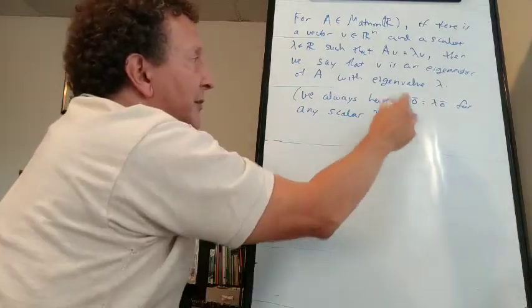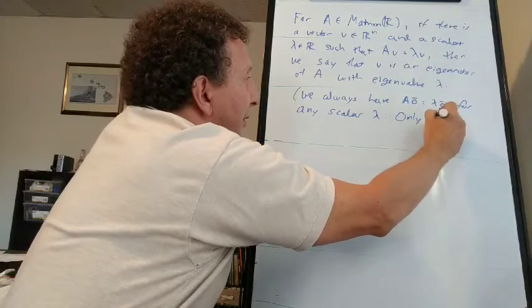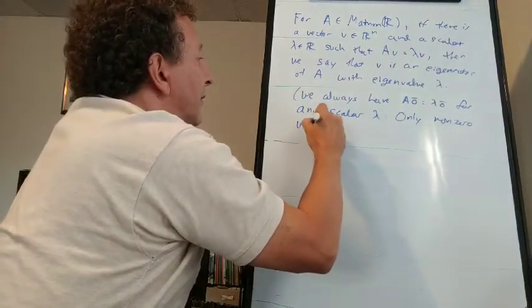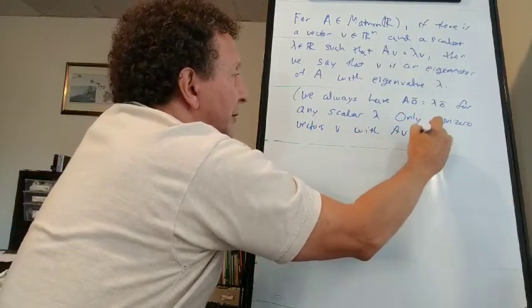So we always have A times 0 equals lambda 0 for any scalar lambda. So only the non-zero vectors V with AV equals lambda V are interesting.